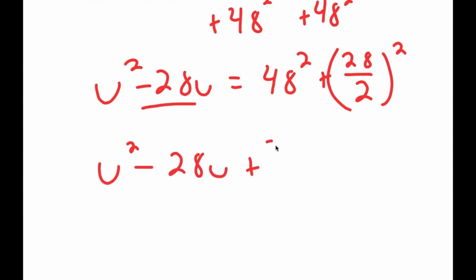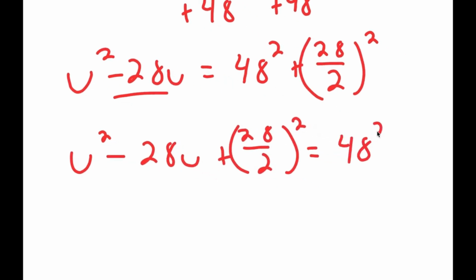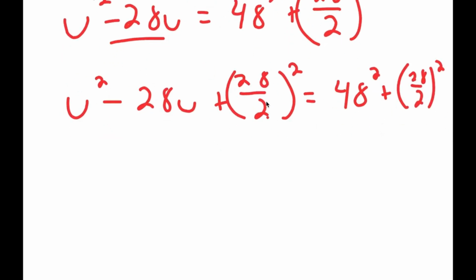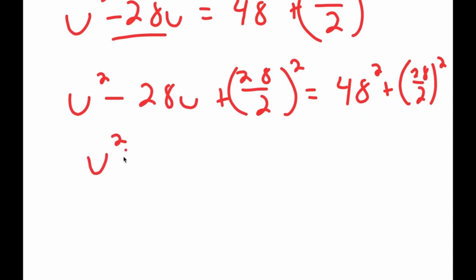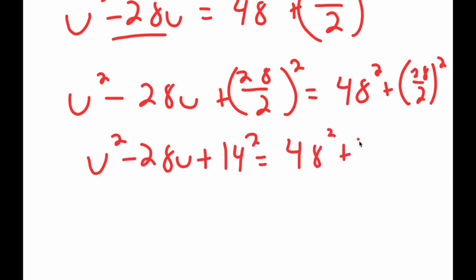So I add this on both sides. I add 28 over 2 squared on both sides. And 28 over 2 is 14, so I get u squared minus 28u plus 14 squared, which is equal to 48 squared plus, again, 14 squared.